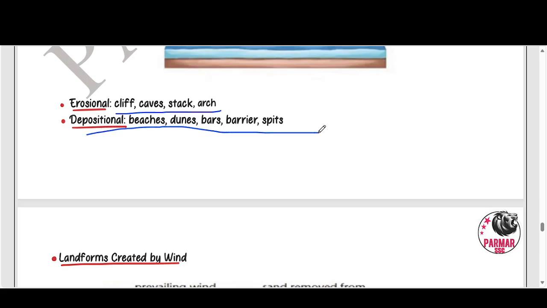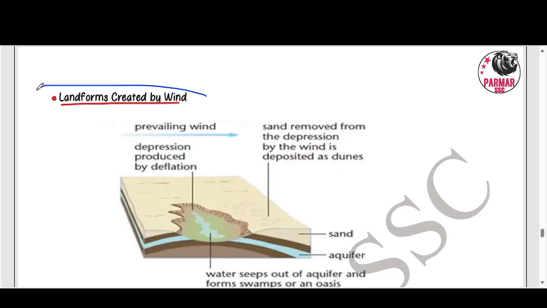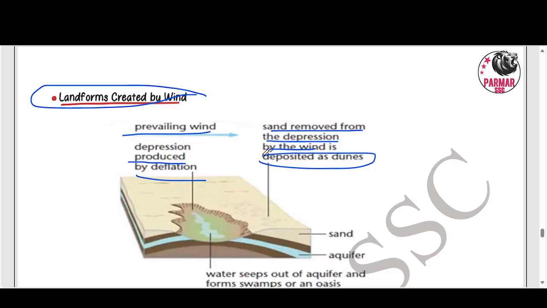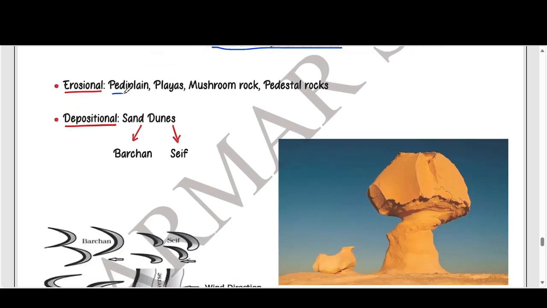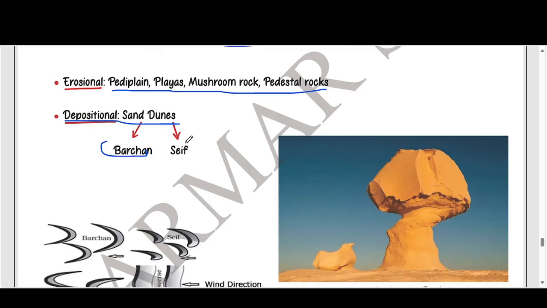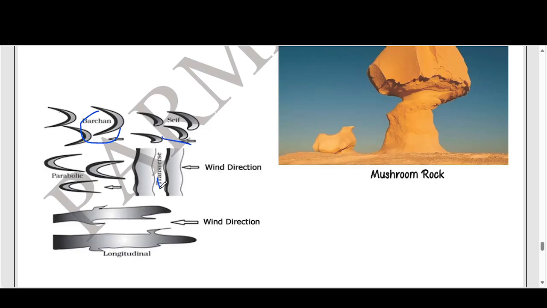Depositional: beach, dunes, barriers, bars, spits. Landforms created by wind: prevailing winds create depressions by deflection, and sand removed from the depression is deposited by the wind as dunes. Sand aquifer water streams out and forms swampy areas. Erosional: pediplain, playa, mushroom rock, pedestal rock. Deposition: sand dunes, barchan, seif, transverse, parabolic, and longitudinal dunes, depending on wind direction.